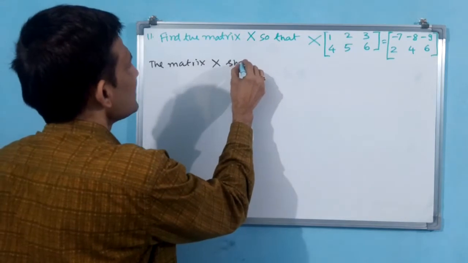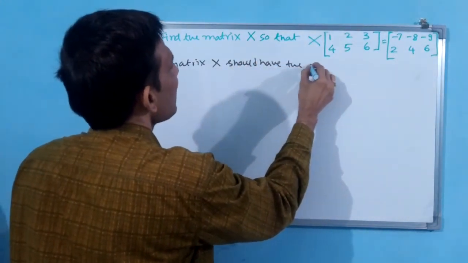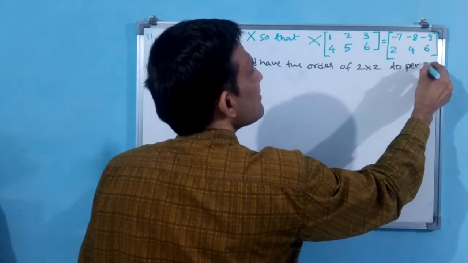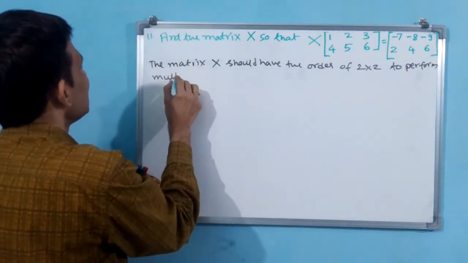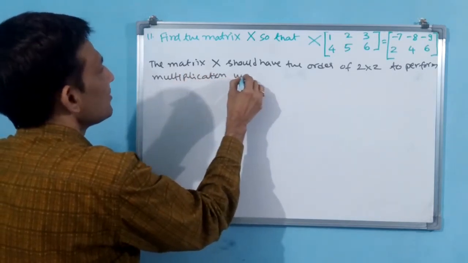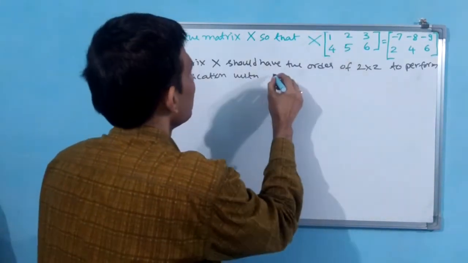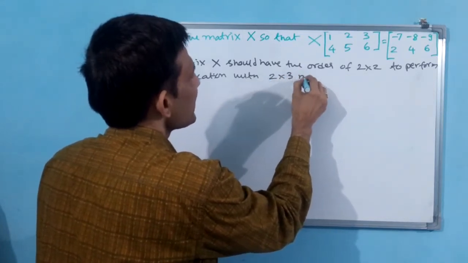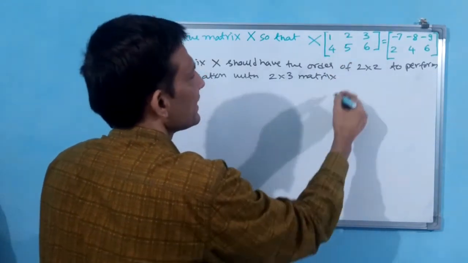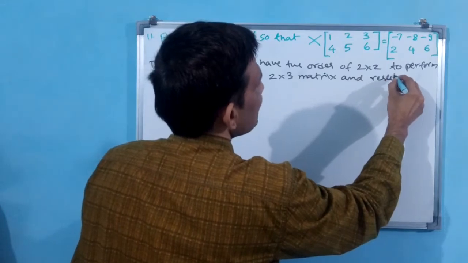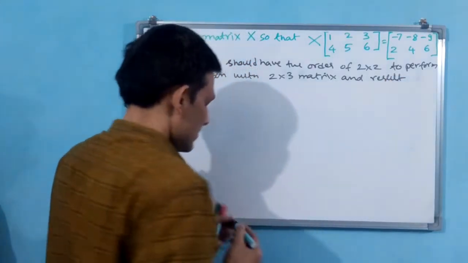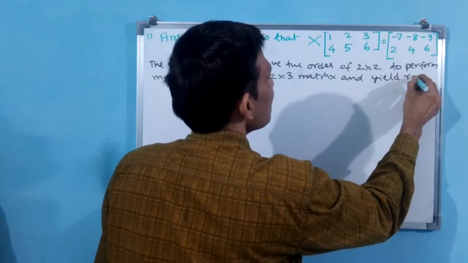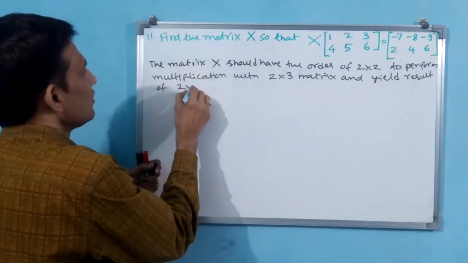The matrix X should have the order of 2 by 2 to perform multiplication with a 2 by 3 matrix, because here a 2 by 3 matrix is there, and yield a result of 2 by 3 matrix.